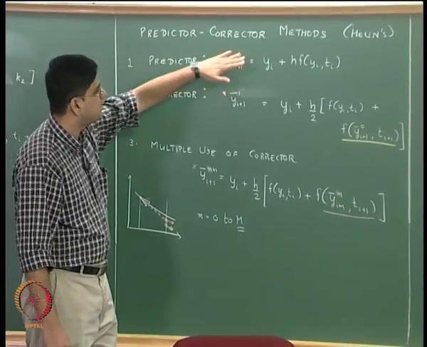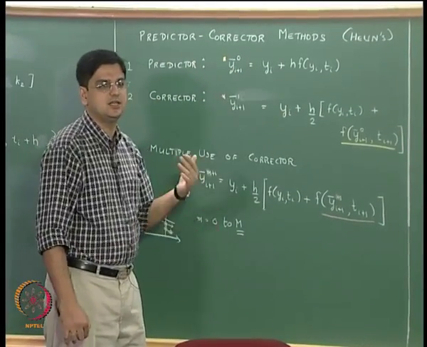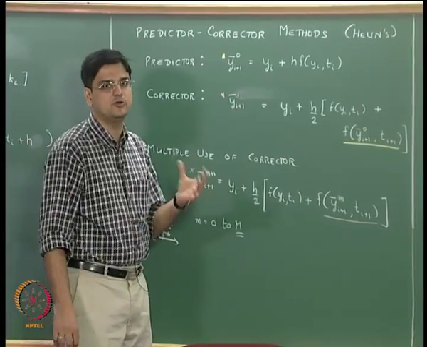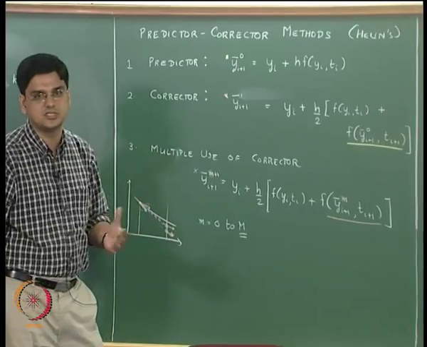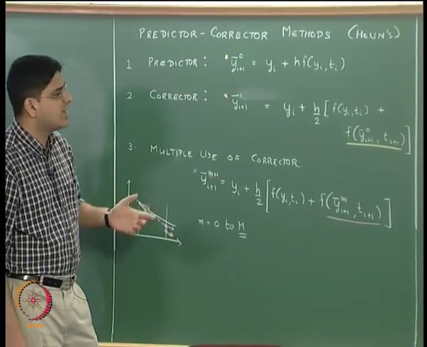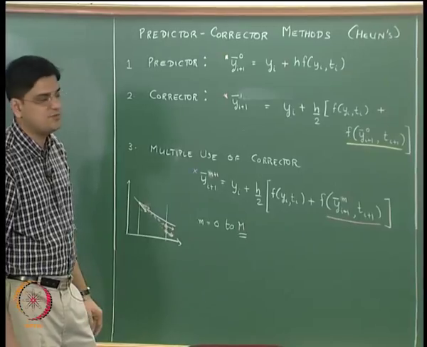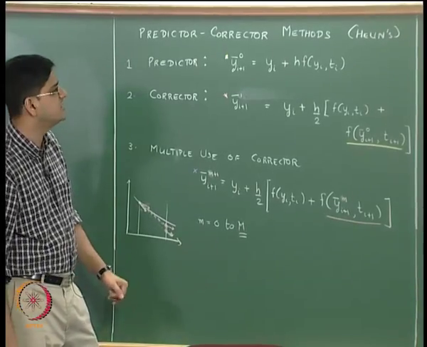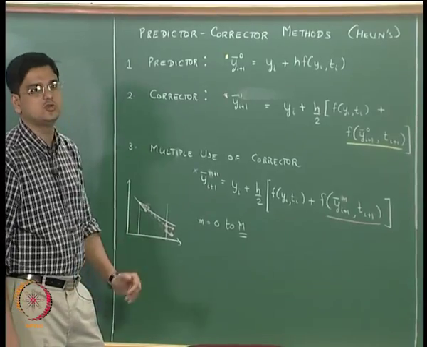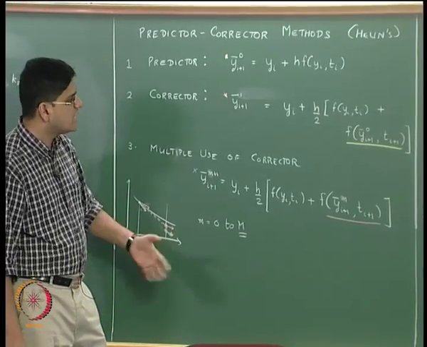We will take up predictor corrector methods once again in the last lecture of this module, when I very briefly am going to cover some of the more advanced methods and why this idea of predictor corrector method actually is fairly popular in some of these methods, specifically in the Adams-Moulton family of methods. Those are also predictor corrector methods, okay.